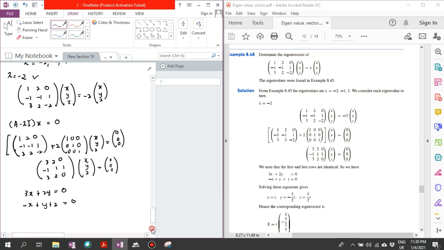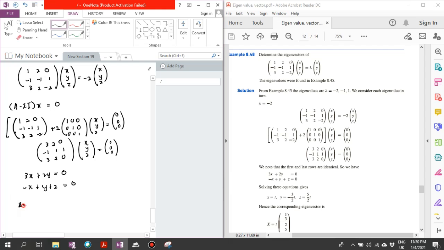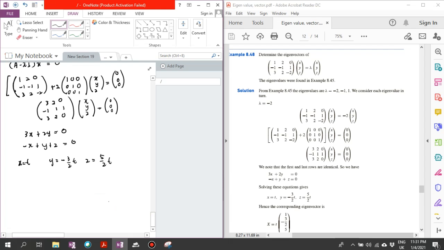For example, take one of the unknowns equal to t, so everything will be in terms of t. Taking x equal to t, your y will be -3/2 t, and then your z will be 5/2 t. Hence, your eigenvector X is equal to t times 1, -3/2, 5/2.